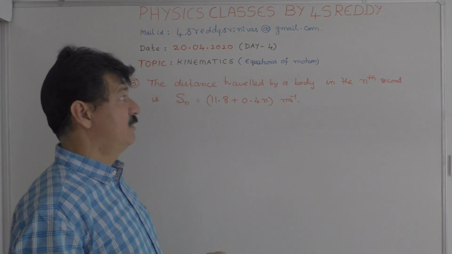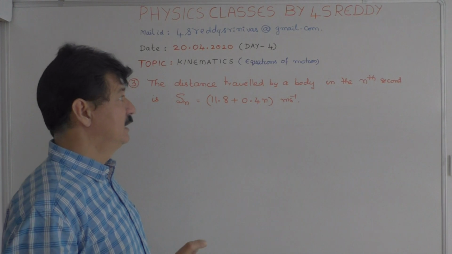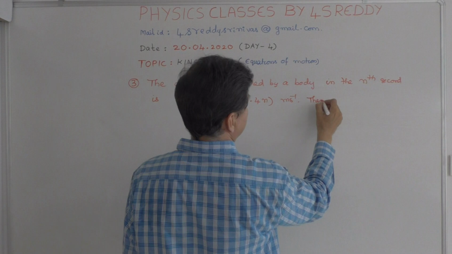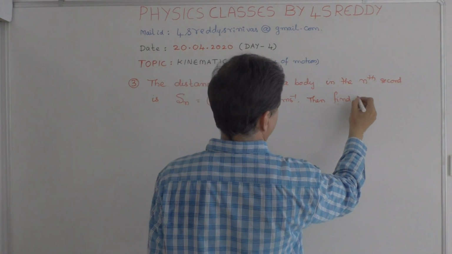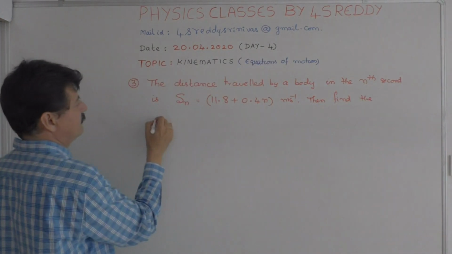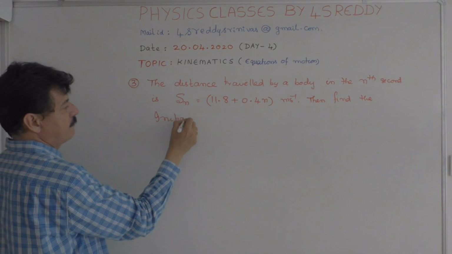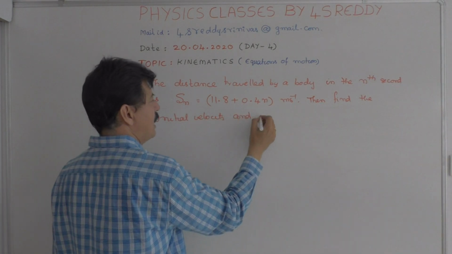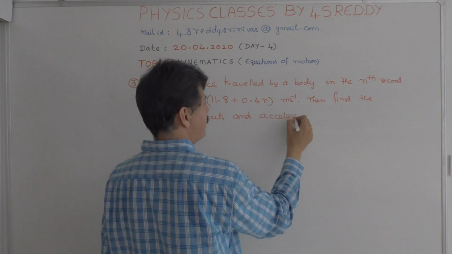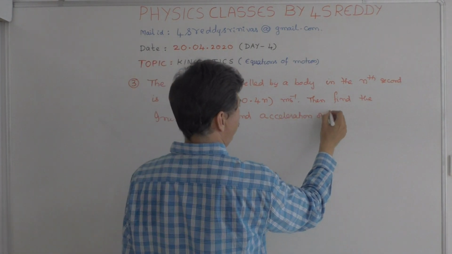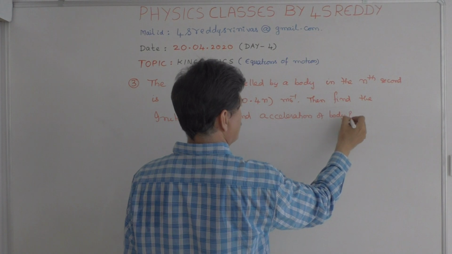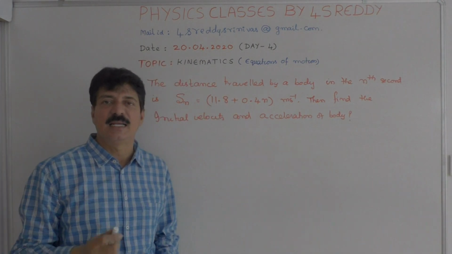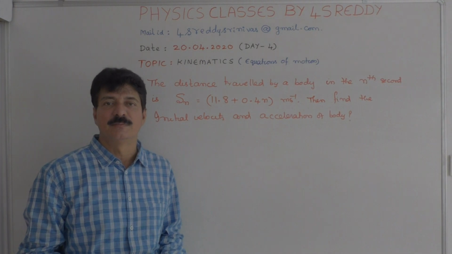The distance traveled by a body in the nth second is given. Then find the initial velocity and acceleration of the body. Find the initial velocity and acceleration of the body.